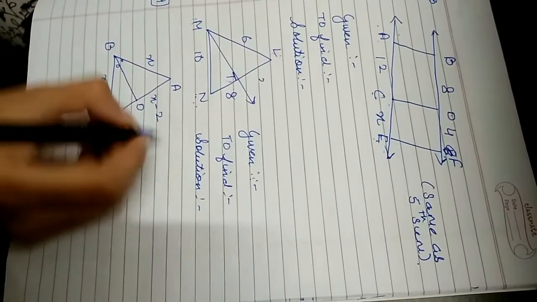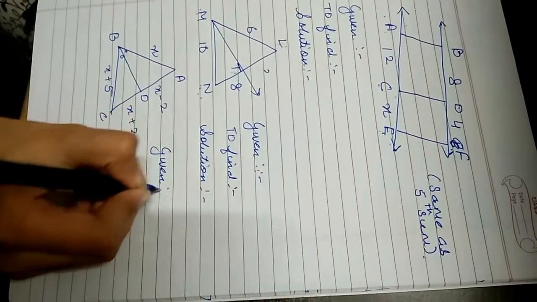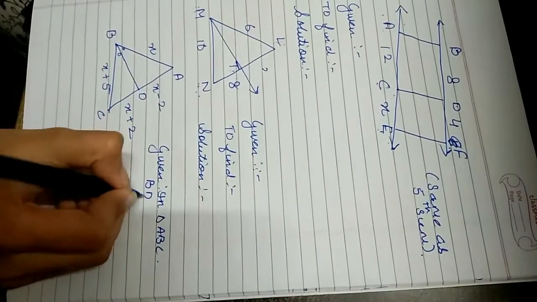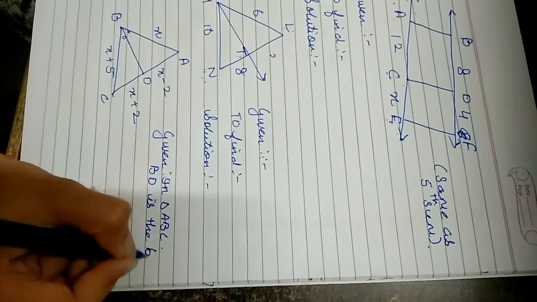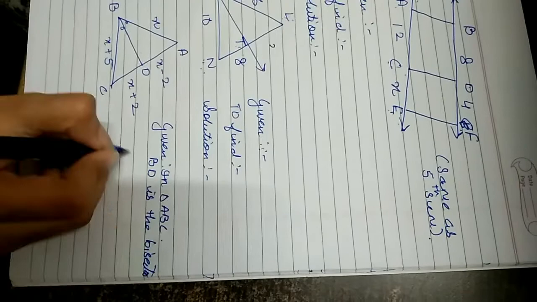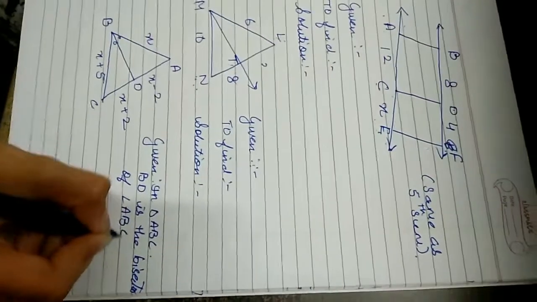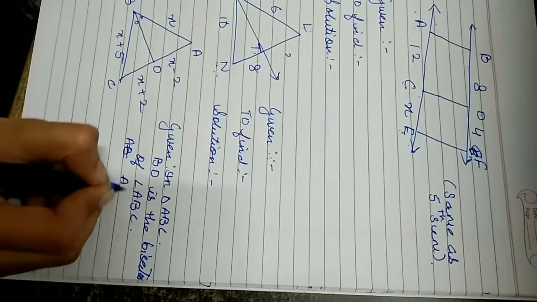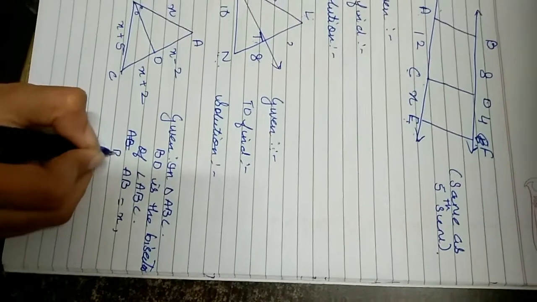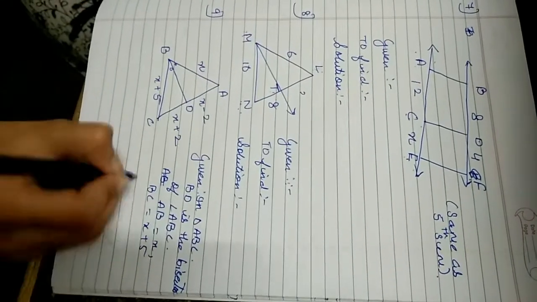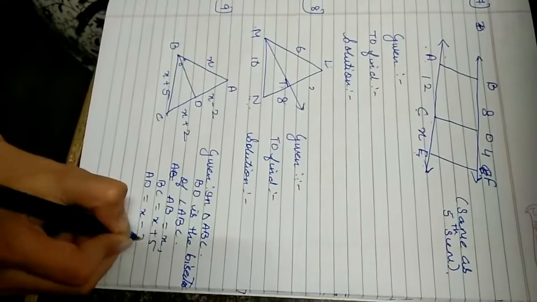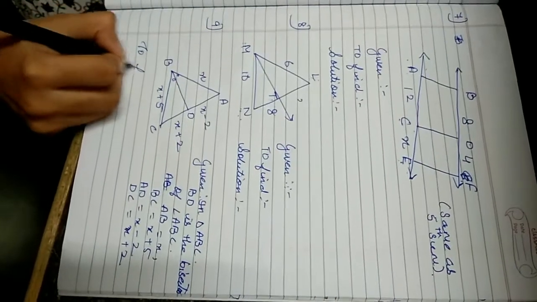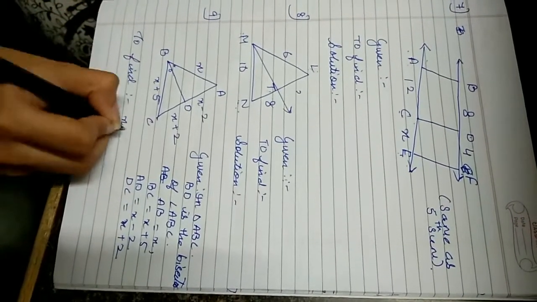Find the value of x. Given in triangle ABC, BD is the bisector of angle ABC. Values: AB is equal to x, BC is equal to x plus 5, AD is equal to x minus 2, DC is equal to x plus 2. To find x. Solution.